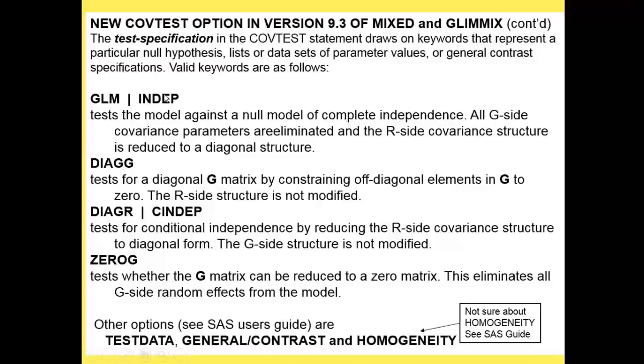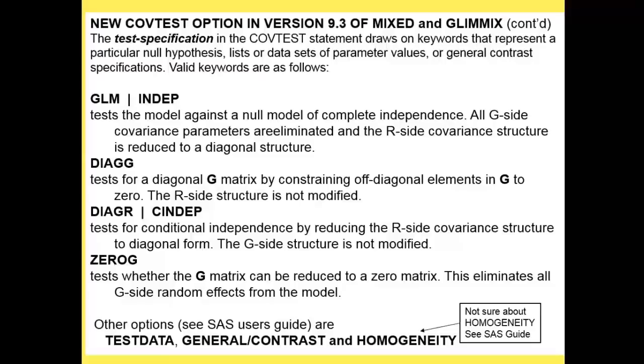If you use the GLM option and you write, after you put your model statement in, COVTEST GLM, what you're essentially doing is testing a hypothesis not only about the R matrix in GLIMMIX; it allows you to consider both the R and the G matrix that you might use together in the same code, but the null hypothesis is that the overall correlation structure is independent.